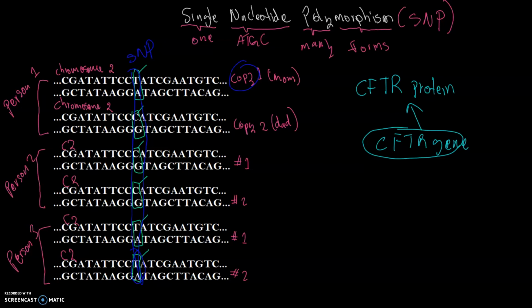Now, a lot of these mutations in the CFTR gene are a change in a single protein building block, or one amino acid, in the CFTR protein. Remember, amino acids are the building blocks of a protein, and each amino acid is coded by 3 nucleotides.